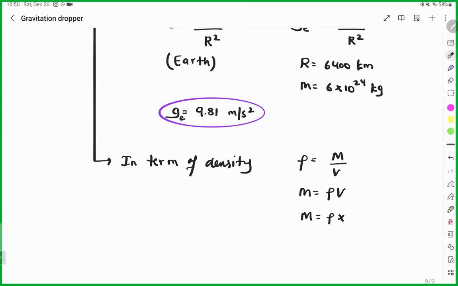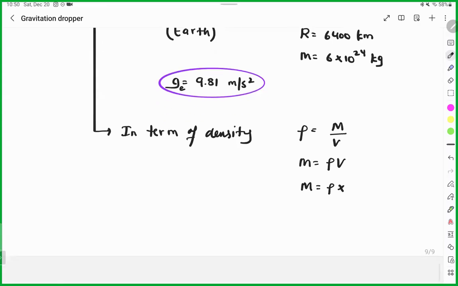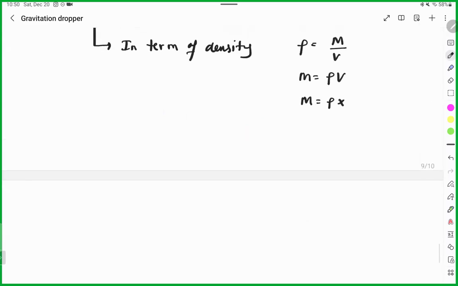Are you there? Yes, sir. Volume of the sphere, because Earth is a sphere. Volume is 4 by 3 pi r cube, not 4 pi r square, which is the area. Correct. So you can put the value. You have the mass value, so g value will be equal to GM by r square.